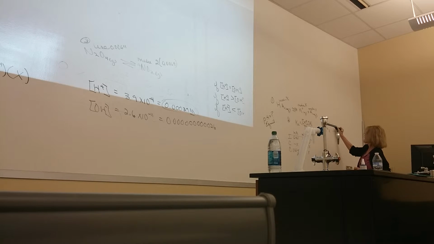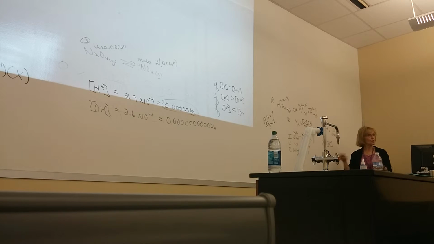Okay, so we have X squared up here over 0.461 minus X, but the X is going out of there. And so just this times this, and then take a square root. Try it. And then X is going to be the hydrogen ion, but we're not done yet.